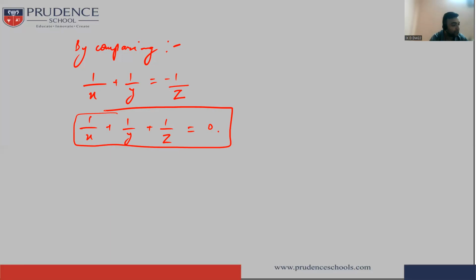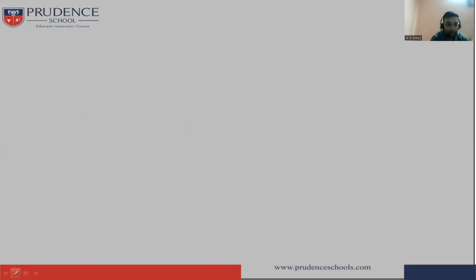Then after that, we have another question. If we want to solve for x, for example, if we have the question like this, cube root of 4 whole raised to power 2x plus 1 by 2 is equal to 1 upon 32, and we need to find the value of x here.